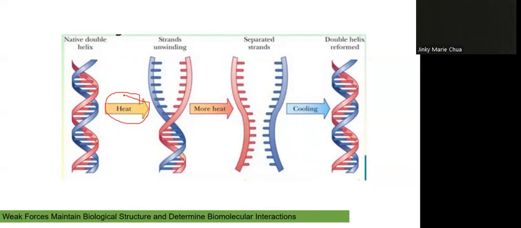Hence, this picture on denaturation: the native protein unwinds because of the heat and unwinds more, so it has separate strands already. But it also has its renaturation phase wherein upon cooling, it will bind again.